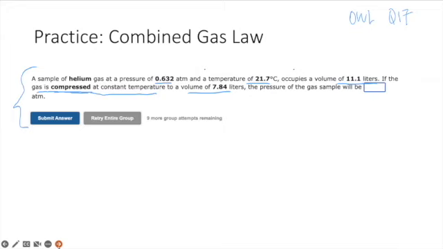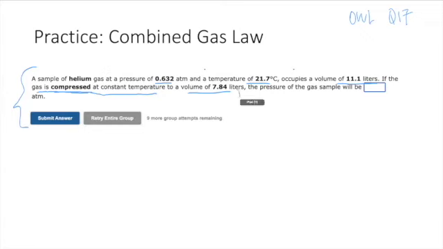So if we were looking at a similar question and trying to figure out whether to use the combined gas law or the ideal gas law, you'll be given the number of moles or asked to solve for the number of moles. The moles would be a cue to use the ideal gas law. With the combined gas law, you're going to have 2 of the same thing.